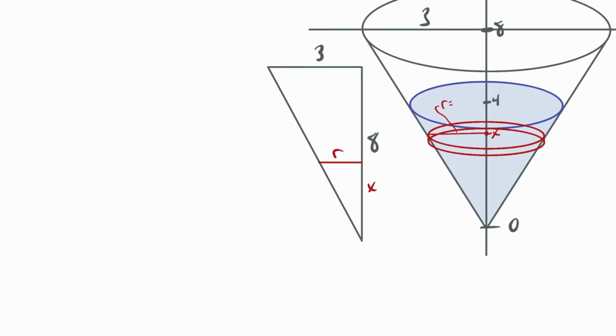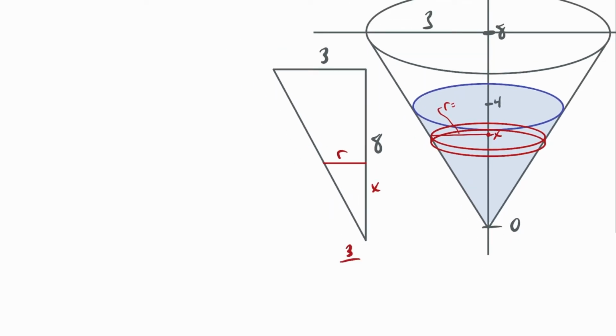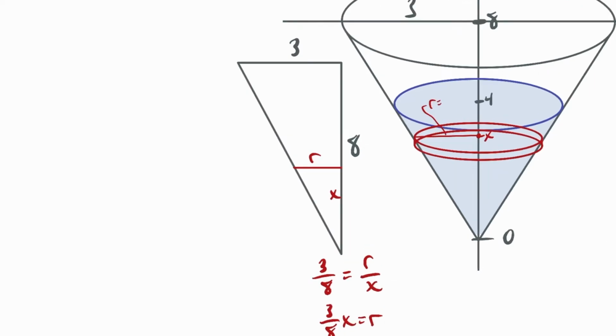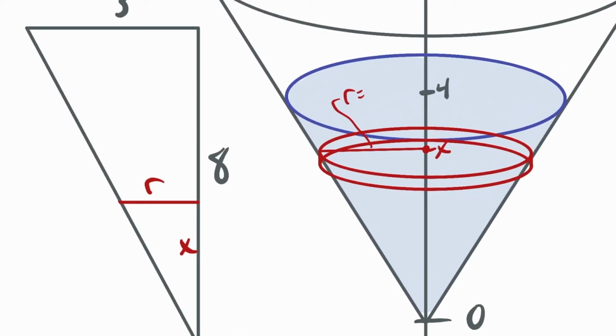So that means that 3 over 8 equals r over x. Okay, of course, x is the inside, and 8 is the entirety of the outside. So that means that 3 over 8 x equals r. So the radius of the top of the slab is 3/8 of whatever x is.